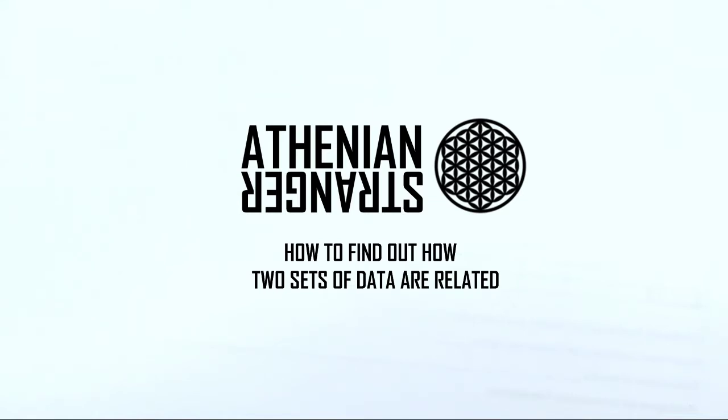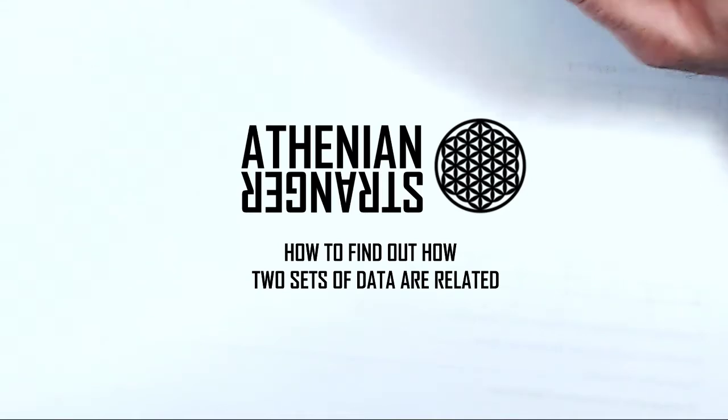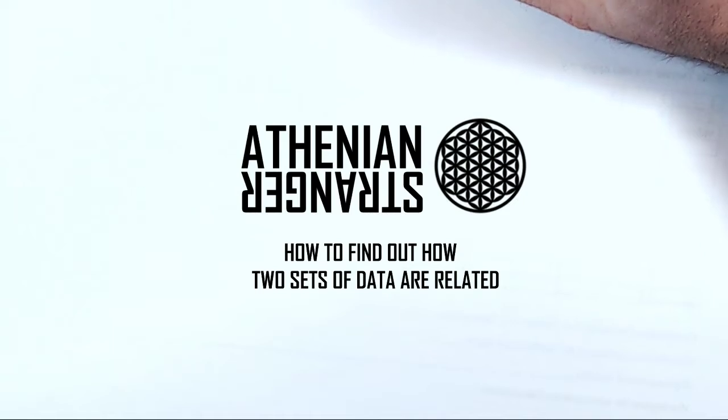So it's something to think about, but that's just one of the things that you can do with that data. It's a highly versatile and applicable tool. There's great dexterity to this tool, but saying how to find out how two sets of data are related, this phrase right here, this is a good English sentence, but the mathematics of it is still important.